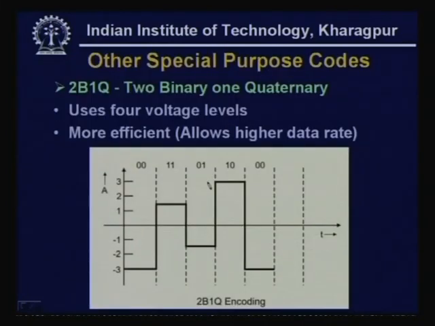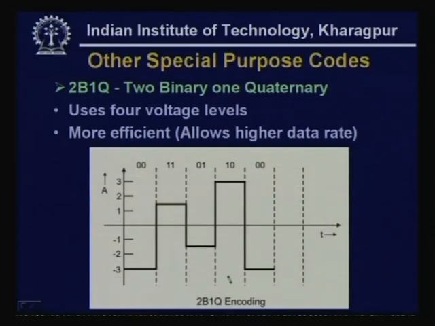Of course, there are other special purpose codes that are being used in digital transmission. One is known as 2B1Q, 2 binary 1 quaternary. So, compared to polar or bipolar, it uses 4 voltage levels, in contrast to 2 voltage levels that is commonly used in polar.